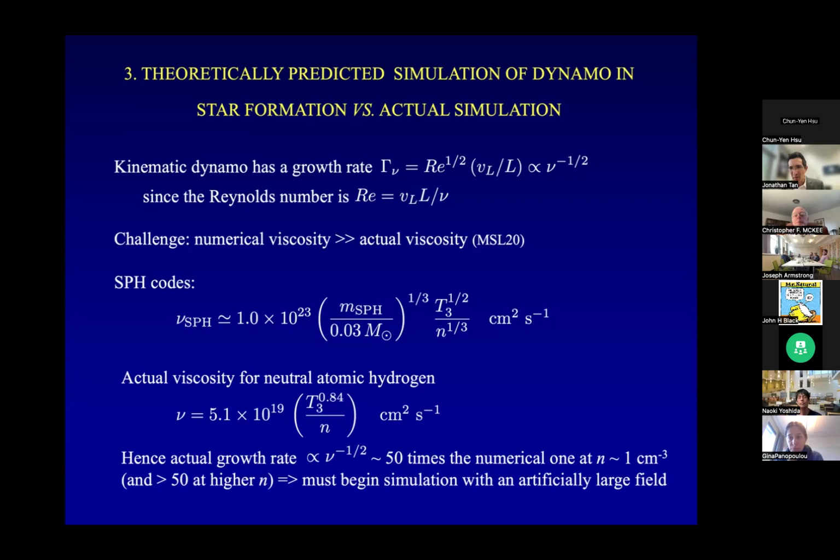Okay, we're coming near the end here, so any last questions for Chris? Let me ask at least one more. If I wanted to magnetize the intergalactic medium, can I rely on this dynamo action in lots of different mini halos, or do I need to eject it from galaxies? I think this is an issue that Naoki has also worked on.